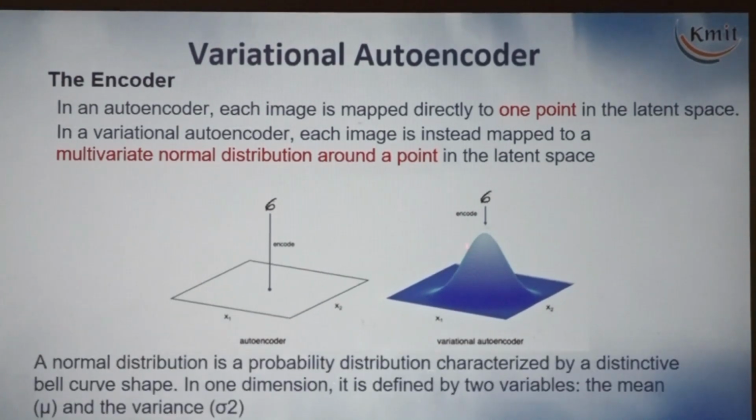Now, how can this normal distribution be represented? The normal distribution can be represented with mean and variance. This is the mathematical term, right? To represent these two, we have two vectors. Already you have seen the mean vector and the variance vector, two vectors we are using.